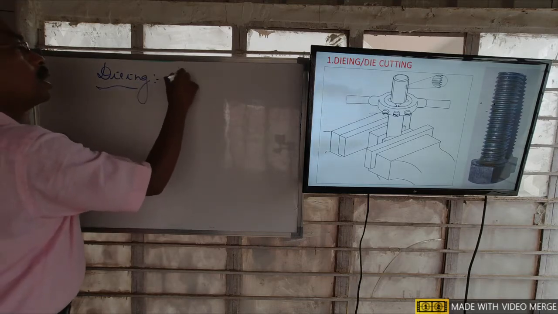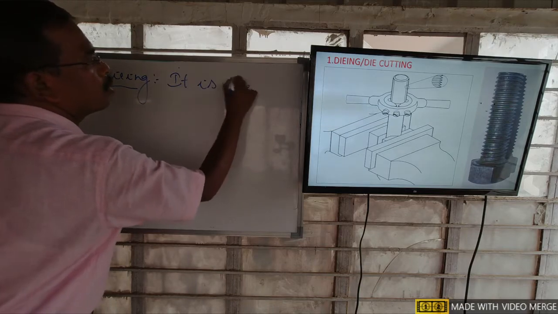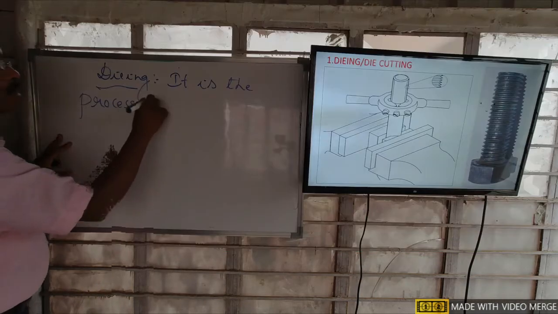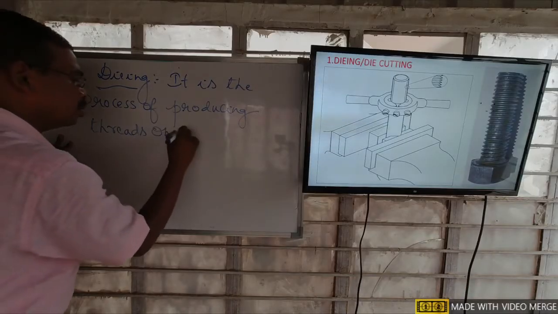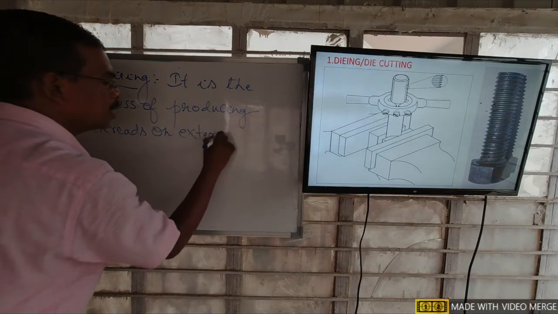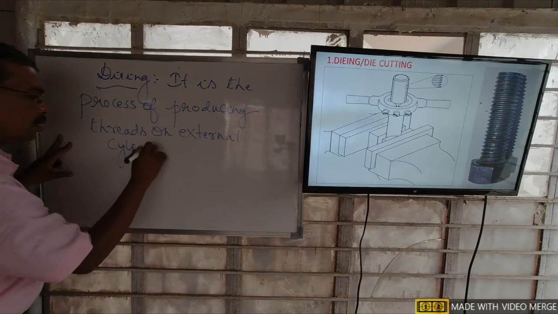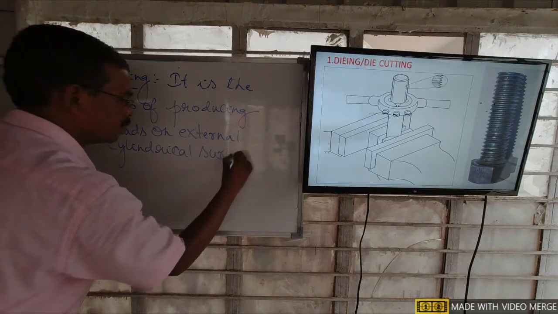So it is the process of producing threads on external cylindrical surface.